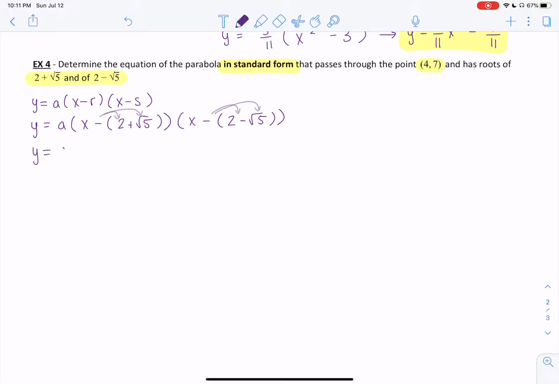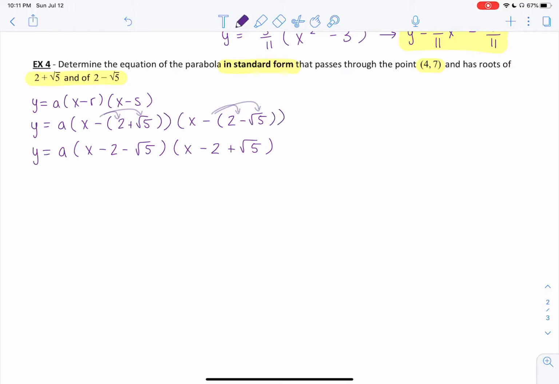So y equals a(x minus 2 minus root 5)(x minus 2 plus root 5). And again, we're just changing the signs. It does sometimes help just to see it, and that way we don't make any extra mistakes.